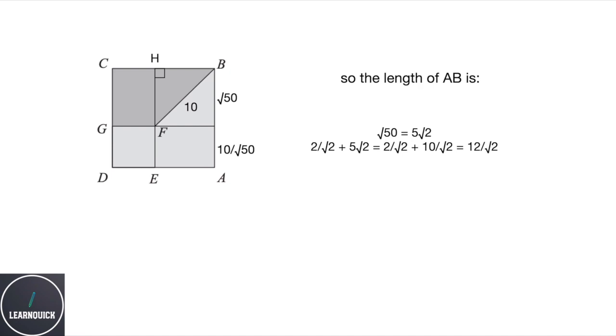To make this easier, we can write square root of 50 as 5 root 2. So simplifying that gives 12 over root 2. And rationalizing the denominator by multiplying by the square root of 2 on both the numerator and the denominator, we get 12 root 2 over 2, which is 6 root 2, giving us our answer for AB, which is 6 root 2 centimeters.